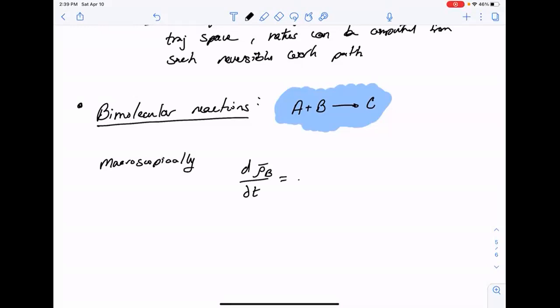This would be given by the probability of finding some B, given by its concentration, times the probability of finding A, given by its concentration, and then a number, the rate, that tells me that if I find those two species, I can react. I can lose concentration of B with some rate. Now it's second order, so-called second order kinetics, because it depends on two factors of concentration, A and B.